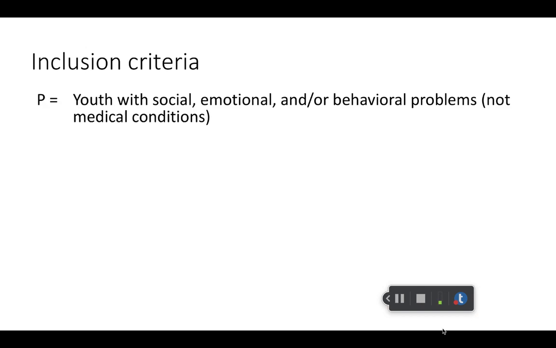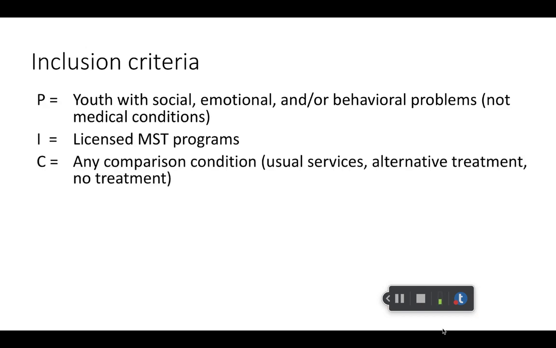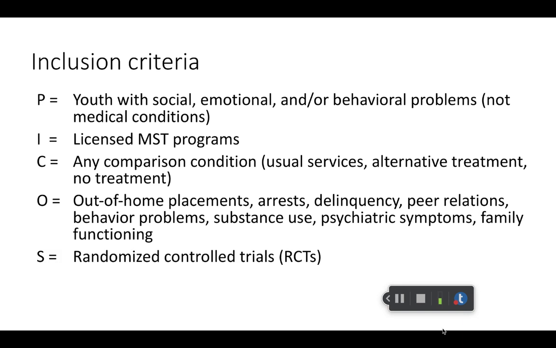So here are the formal inclusion criteria that we set up to indicate what kinds of studies would and would not be included in our review. We used the PICOS format. So the population is youth with social, emotional, and/or behavioral problems, not youth with medical conditions. The intervention of interest is licensed MST programs.